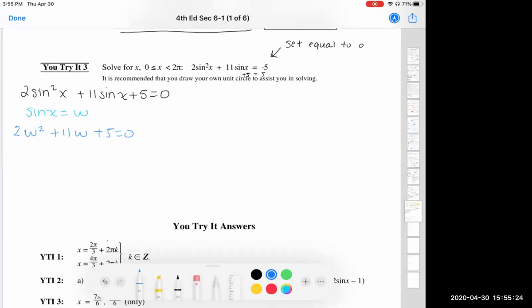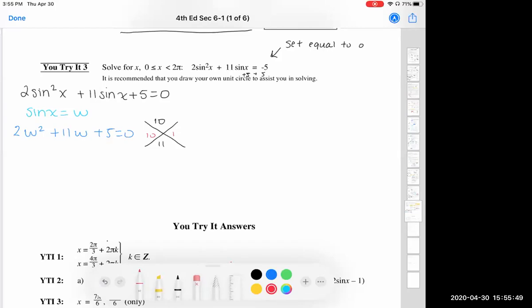Okay, I want to solve, but I see I have a quadratic. At this moment, we're completely avoiding the quadratic formula. We're hoping factoring works. So I want to multiply my first and last number: 2 times 5 gives me 10, and my middle number is 11. What two numbers multiply to give me 10 but add to give me 11?